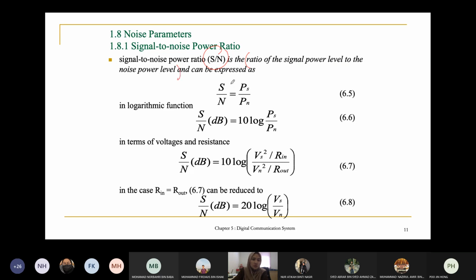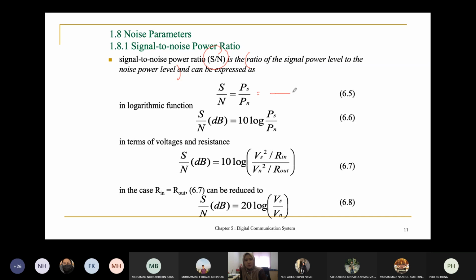So signal to noise is equal to PS divided by PN. PS is the signal power, PN is the noise power. If you divide PS by PN, you will get an absolute value.